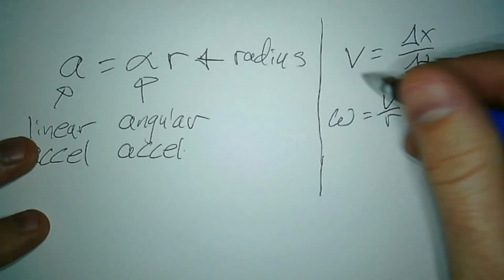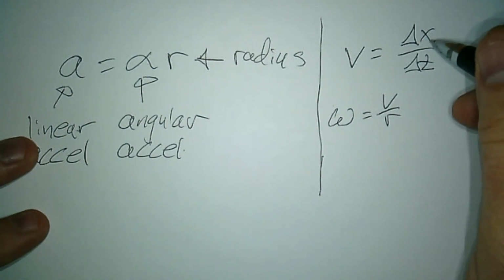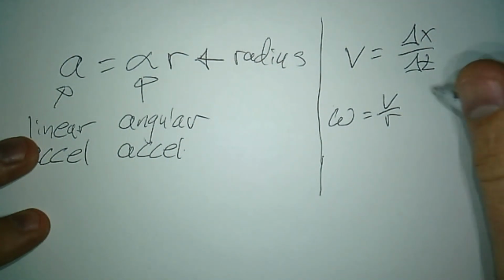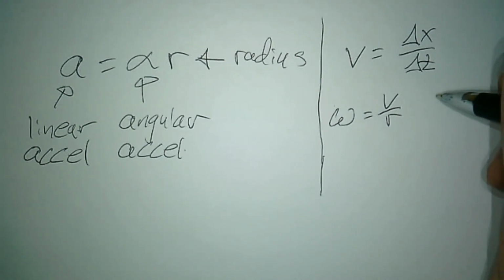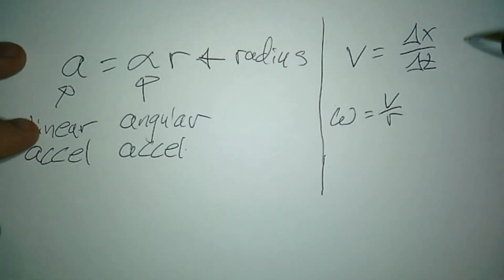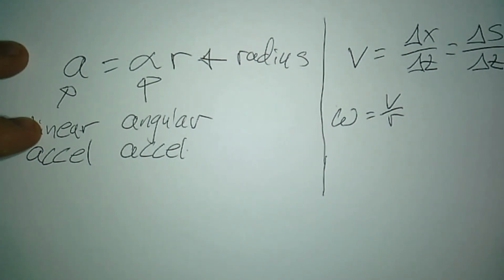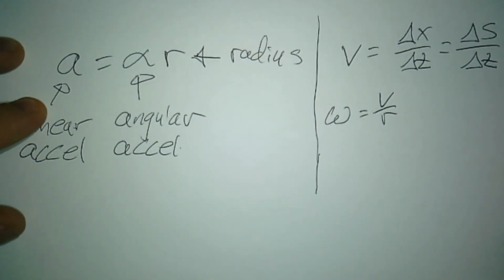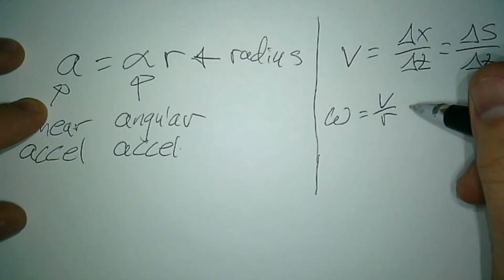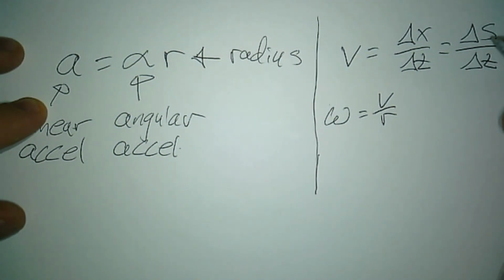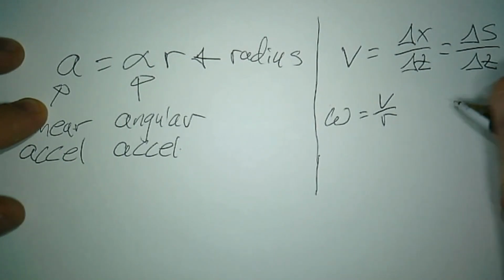So I can do that. So I can now just divide that by R, but then I have delta X over here. X is position. What do I get when I divide position? Or maybe in this case I could call it arc length. Let's call it that. Delta S over delta T, like that. And what do I get when I have your arc length divided by your radius?